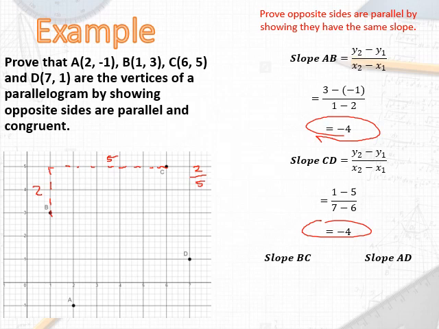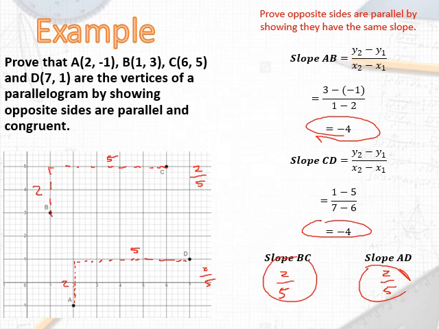So for BC, I would say slope is 2/5. Come down to AD, and we've got a rise of 2 again and a run of 5. So we once again get that slope of 2/5. So I have another pair of matching slopes, so I would say opposite sides are parallel in this case. Therefore, the shape must be a parallelogram.